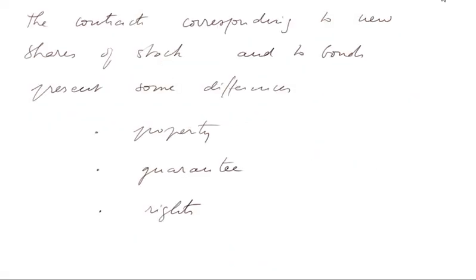The contracts corresponding to new shares of stock and to bonds present some differences: differences in terms of property, what the investor owns after the contract, in terms of guarantee, and in terms of right.